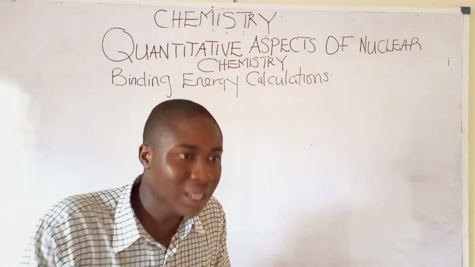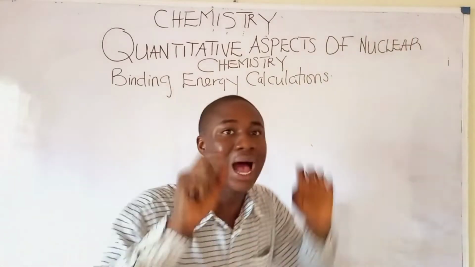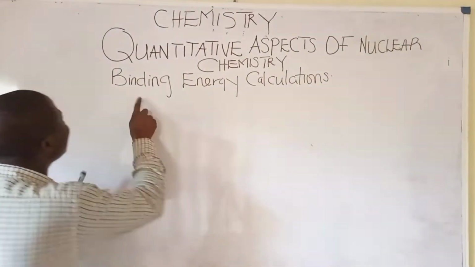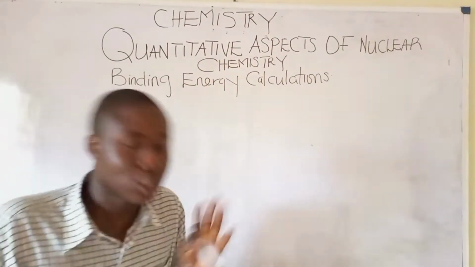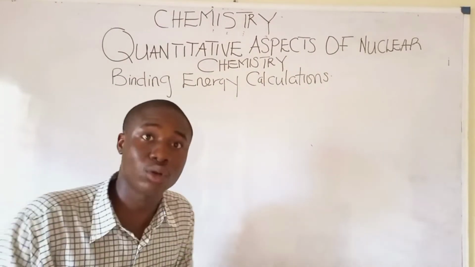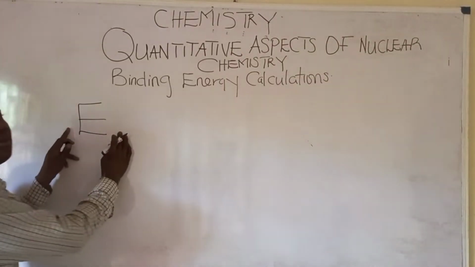And what are the components of the nucleus of an atom? They are just two components. We have the protons and the neutrons. So the binding energy is the energy required to break this nucleus to yield its components, which are protons and neutron particles. So binding energy for calculation purposes is given as E.